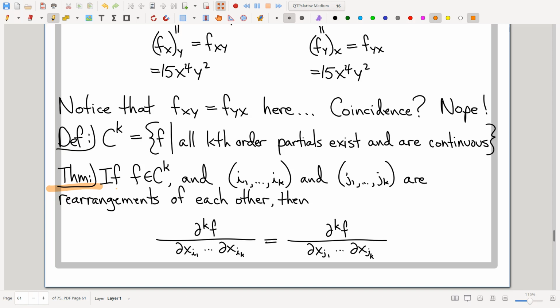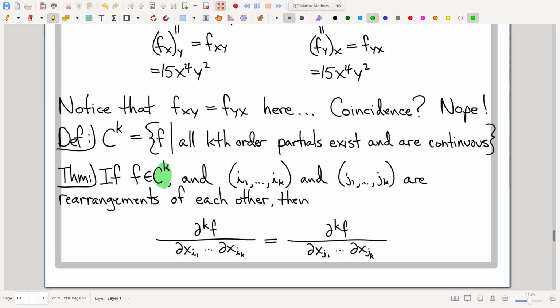All this is saying is if you're taking a bunch of different partials and then you rearrange the order, the exact same partials but done in a different order, then you'll get the same thing. Now, it's not always true. There are some obscure weirdo counterexamples. We're not going to see a lot of that in this course, if any. But nevertheless, let's talk about what the condition is on this working.